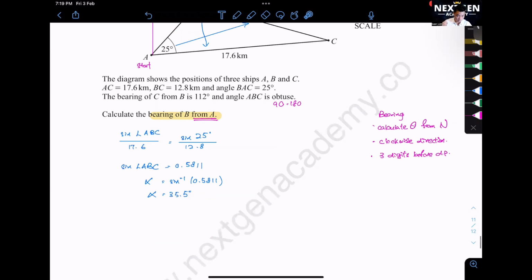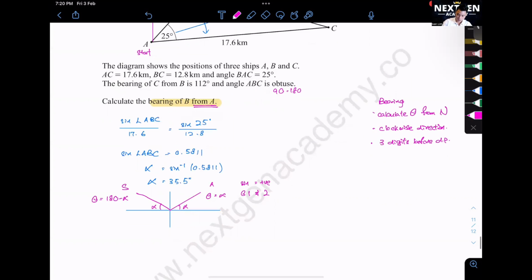So you need to think back about what you learned in trigo. Sine is positive in the first quadrant and second quadrant. So my alpha is here and alpha is here. This one is 180 minus alpha, and this one is equal to alpha.